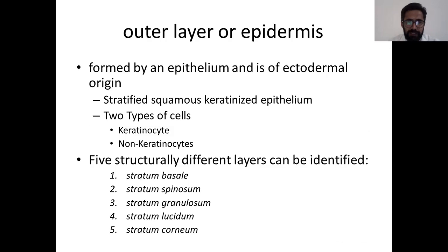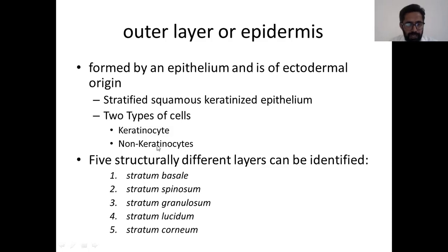The outer layer, the epidermis, is formed by epithelium, and the embryonic origin for this epithelial layer is ectoderm. The type of epithelium is stratified squamous keratinized epithelium, and this epidermal layer consists of two types of cells, keratinocytes and non-keratinocytes. 90 to 95% of the cells in this epidermal layer are keratinocytes, and the remaining 10 to 5% are non-keratinocytes.